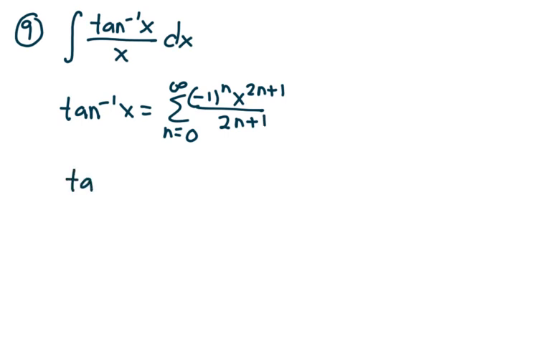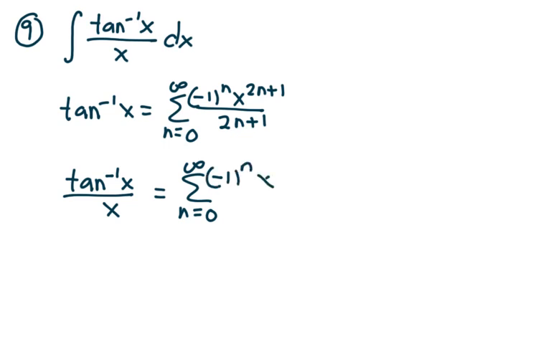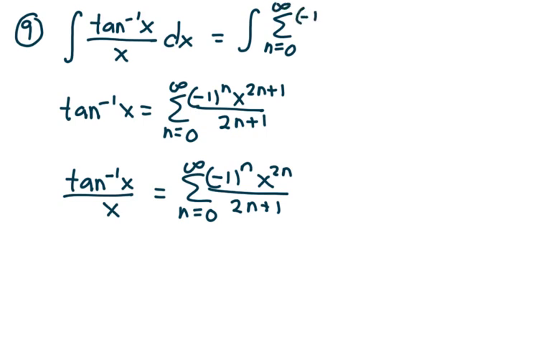And so arctangent x divided by x is the summation from n equals 0 to infinity of negative 1 to the n x to the 2n divided by 2n plus 1. So when I divide by x, the 2n plus 1 went down a step. And so this is the integral of the summation from n equals 0 to infinity of negative 1 to the n x to the 2n divided by 2n plus 1.